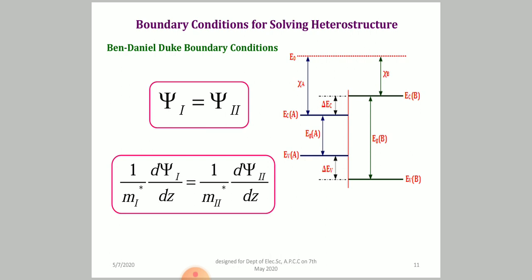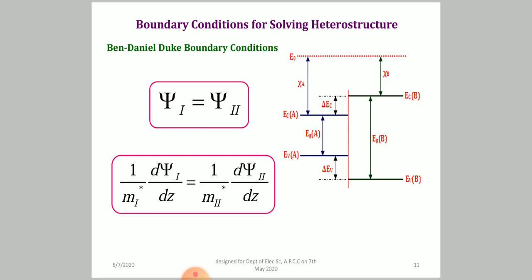What did they say? They said that the wave function in region 1 and region 2, that means the wave function in semiconductor 1 and the wave function in semiconductor 2, are continuous. Now I am going to the wave aspect of quantum mechanics.